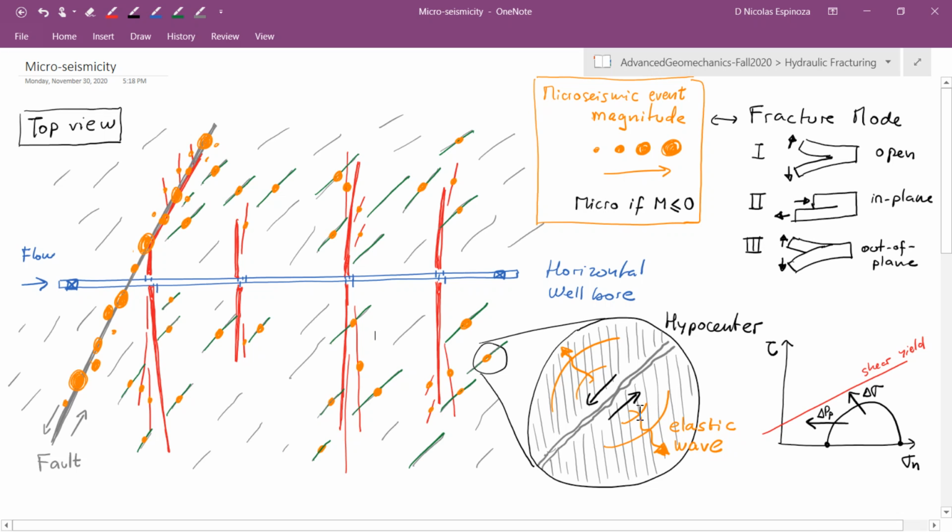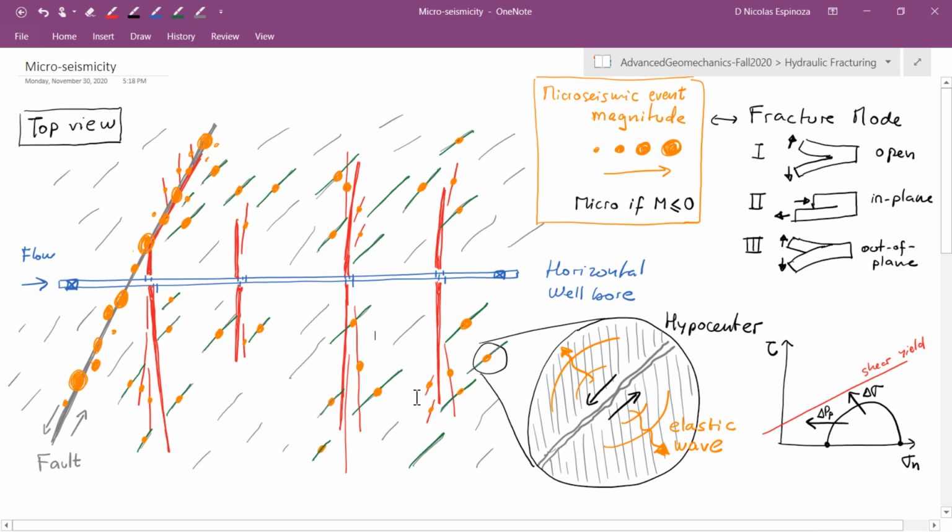Something also very interesting to notice and very important to take into account is that some of this microseismicity can be produced by some of the fluid that leaks off into the rock, like for example, say right here or right over there, where the fluid from the main fracture leaks off into the formation, changes the pore pressure and moves the circle to the left, getting the state of stress closer to the shear yield.